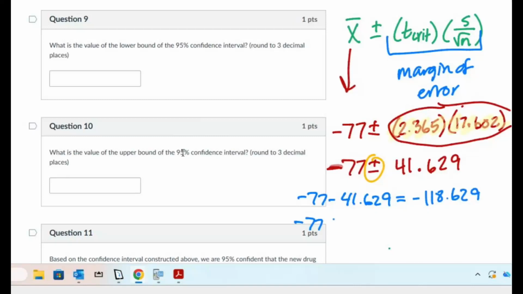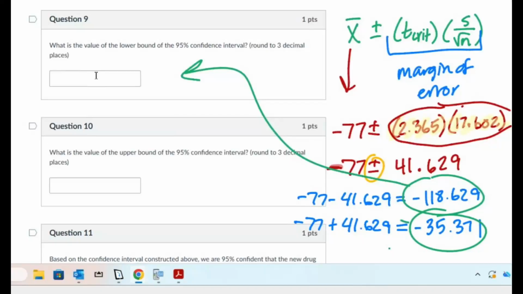And if we do negative 77 plus 41.629, we get negative 35.371. So my lower bound is when I subtract, and my upper bound is when I add. So my lower bound is going to be negative 118.629, and my upper bound is going to be negative 35.371. Okay?